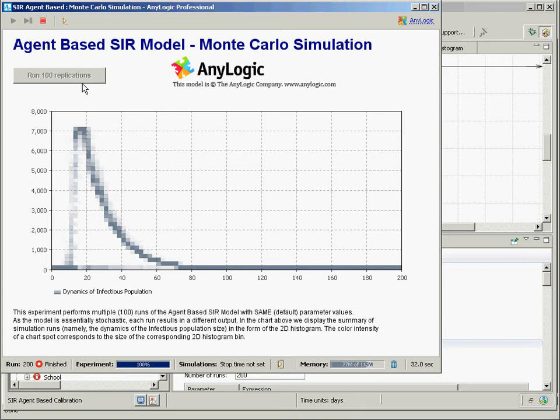What this is saying is between 40 and I believe it's 42 here, there were a large number of trajectories that achieved between perhaps 1,400 and 1,600 people infected at that time. And there were comparatively fewer, say, that had over 2,000.